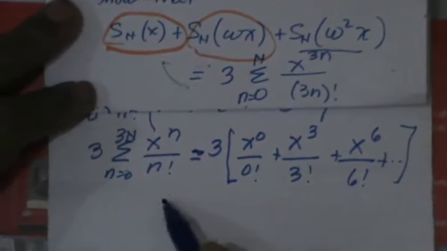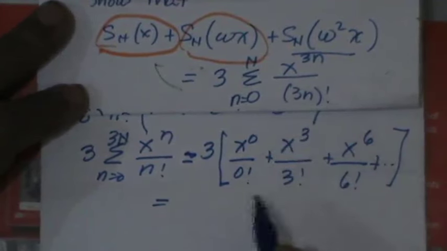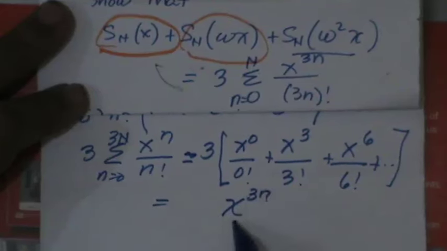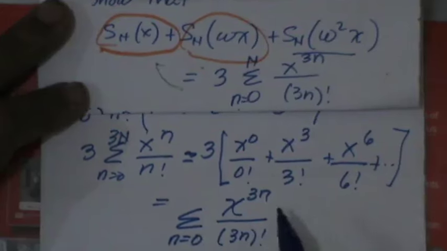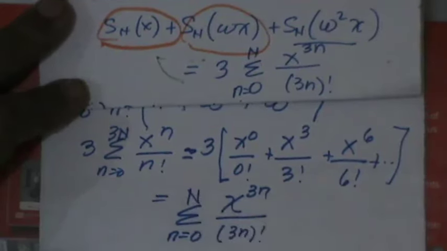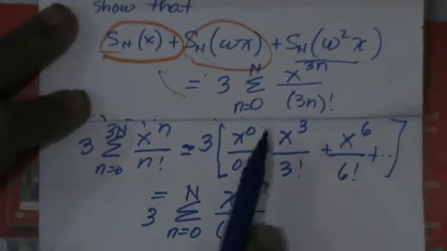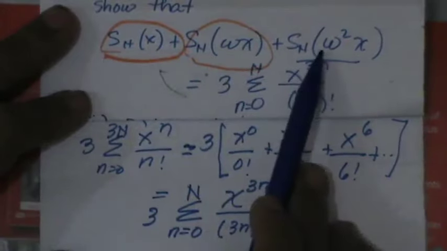But what is this one here? That's exactly similar to this, because that is actually equal to x to the 3n over 3n factorial for the sigma of n equals 0 up to n. That is exactly similar to that, times 3. And there you go. So we have proven that this sum of series is equal to this one.